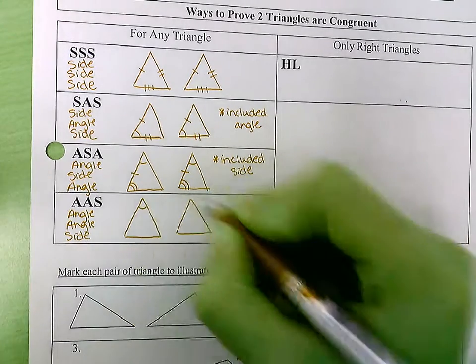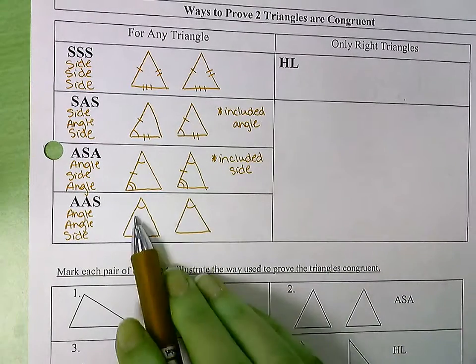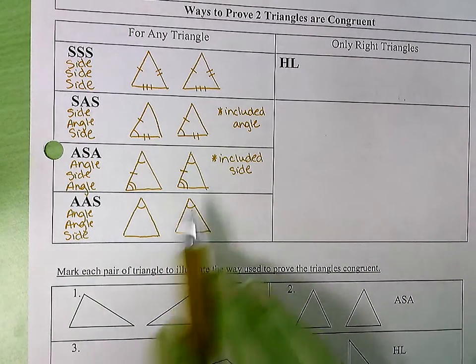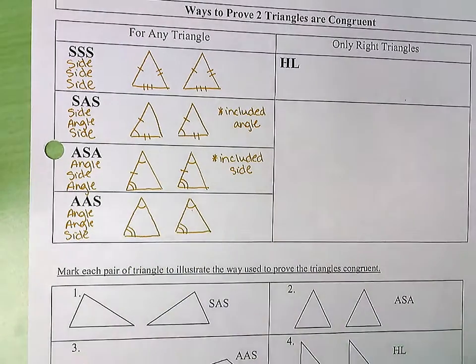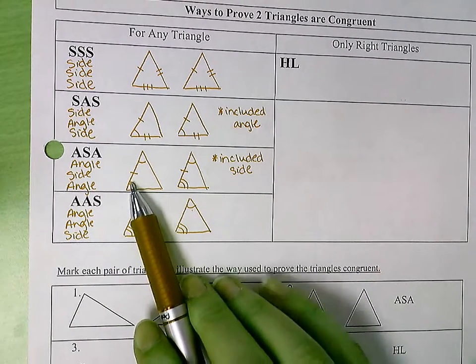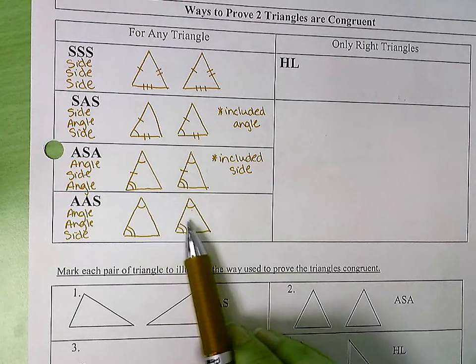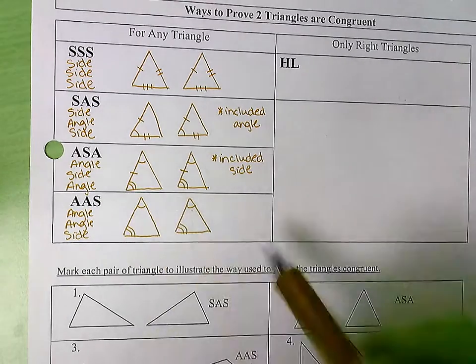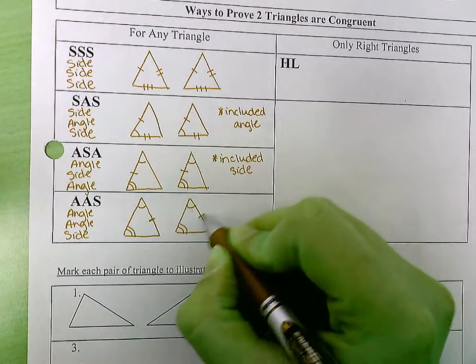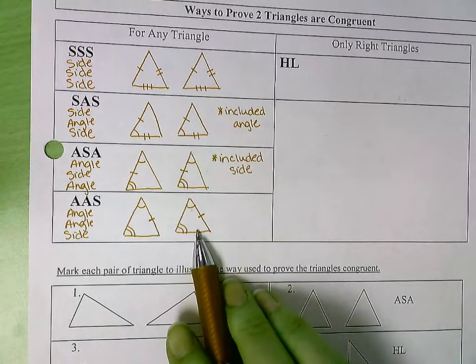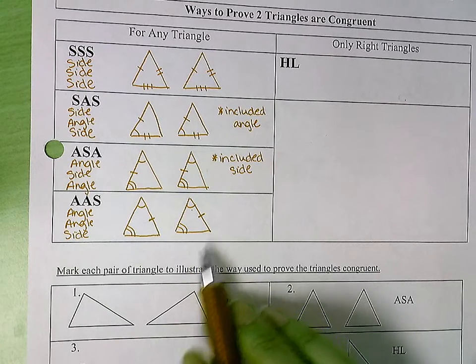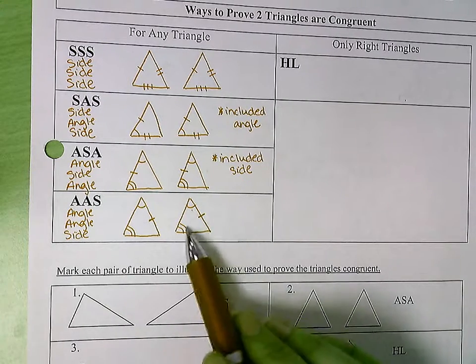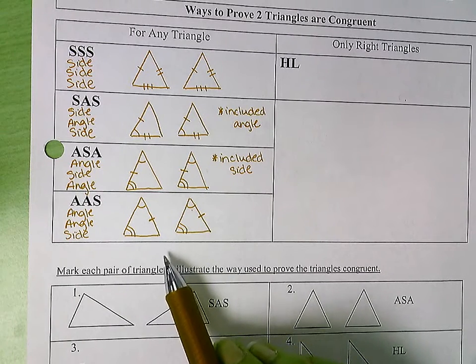If I had these two angles congruent, and these two angles congruent, now instead of my side being congruent right here, I could write my side congruent on the outside of those two angles. So this one does not have that included side.